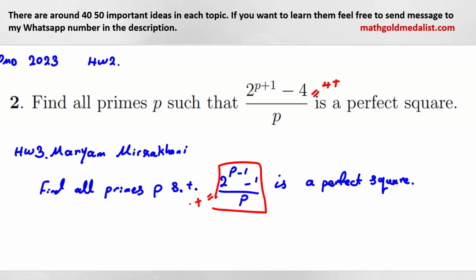By using what theorem can we say it's an integer? Is it always an integer? Yes, always. When p is prime, 2 to the p minus 1 is 1 mod p always, because p is prime. It is a theorem. Do you know the name of the theorem?